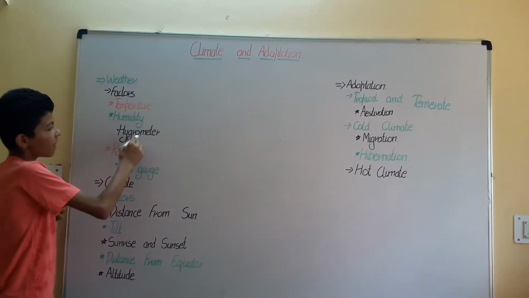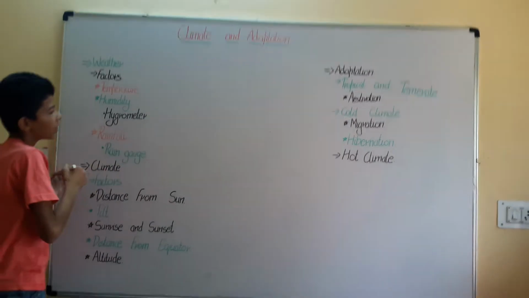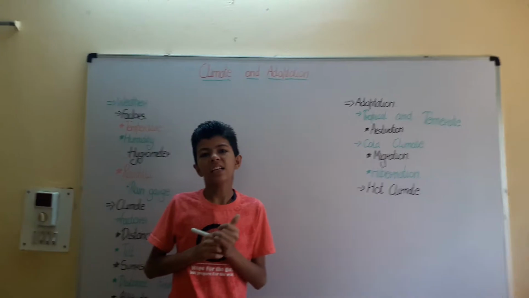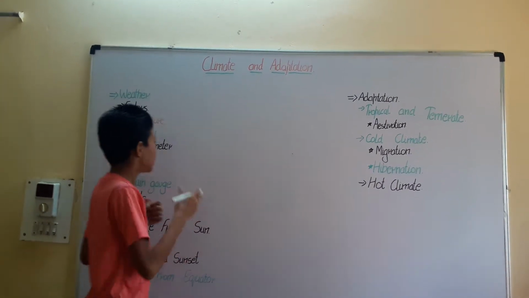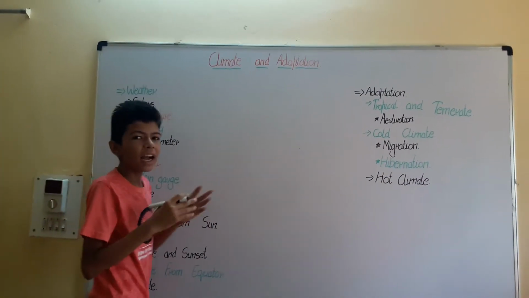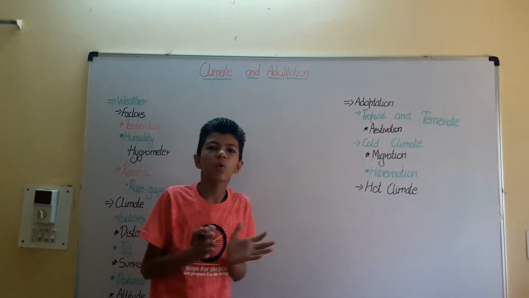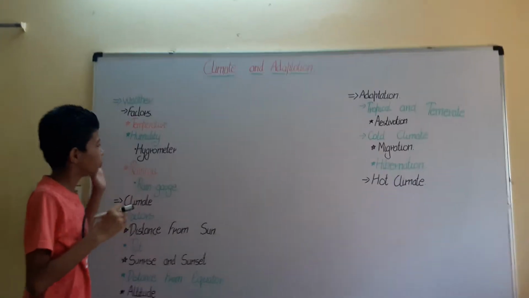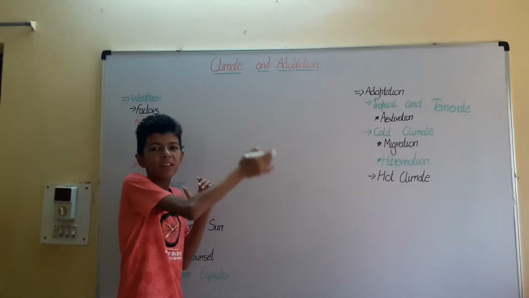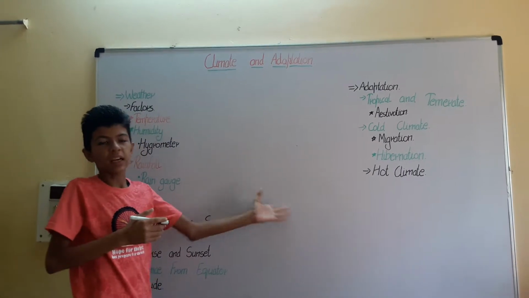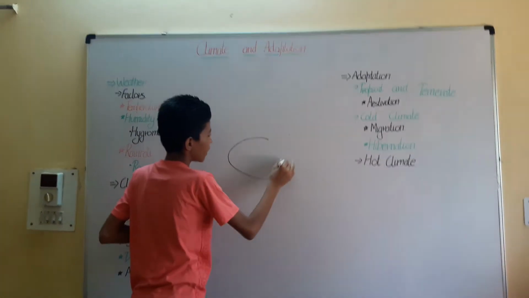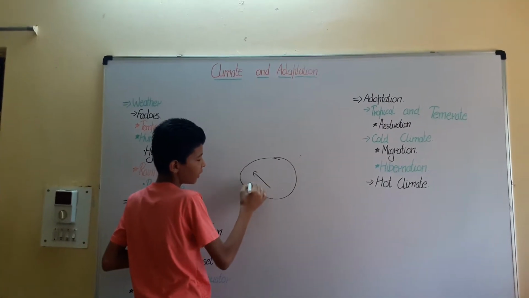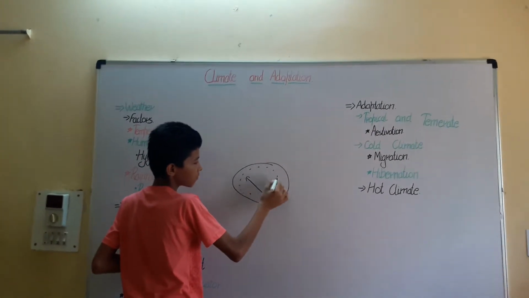Then we have the hygrometer. This is used to measure the presence of humidity in the atmosphere. This device is circular in shape and has numbering written on it. It detects the humidity or the moisture present in the air and represents it with a pointer, and here the numbering is written.